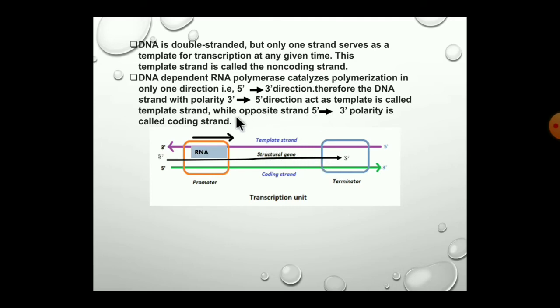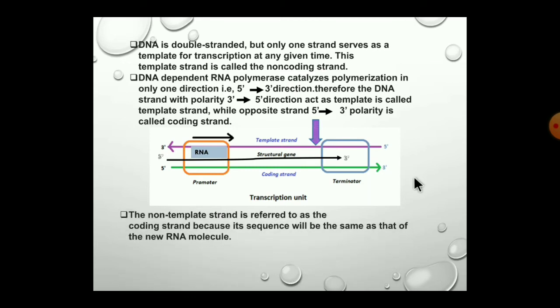Therefore the DNA strand with 3 prime to 5 prime polarity acts as the template strand and is called the template strand or negative strand or antisense strand, while the opposite strand with 5 prime to 3 prime polarity is called the coding strand or sense strand or positive strand.